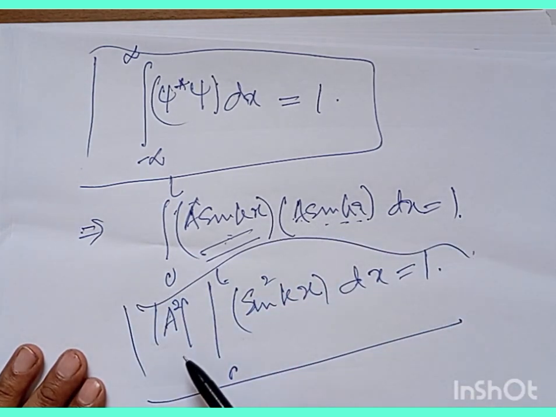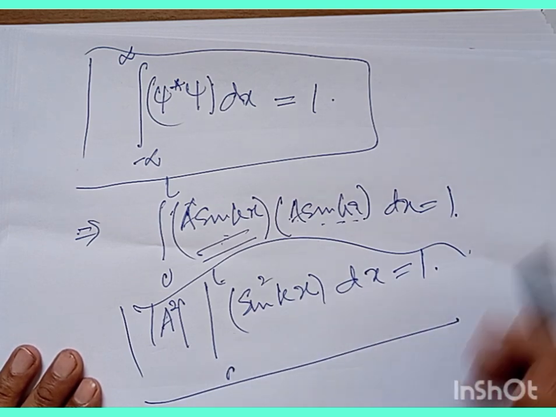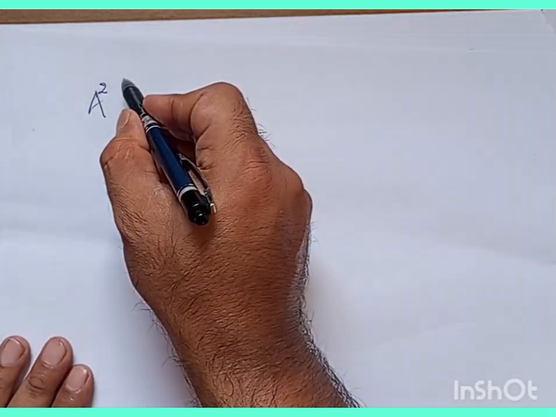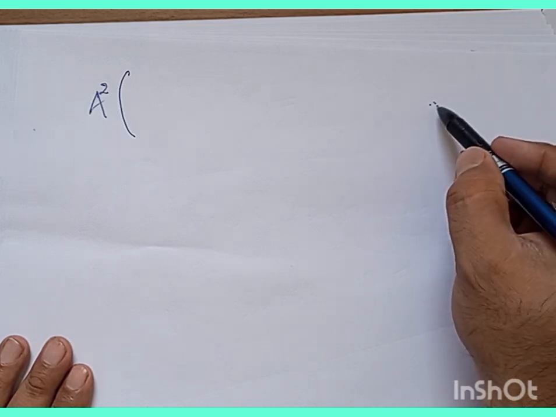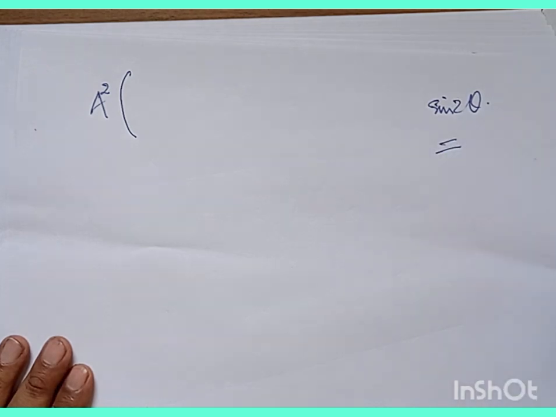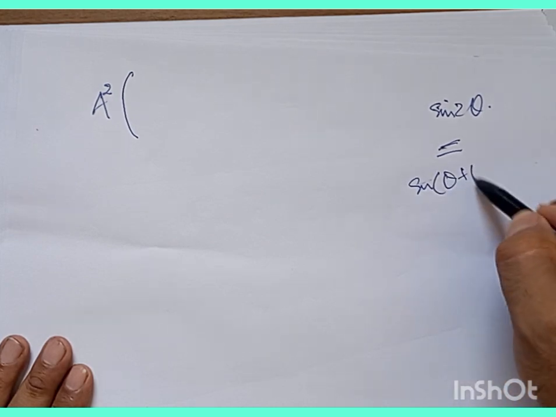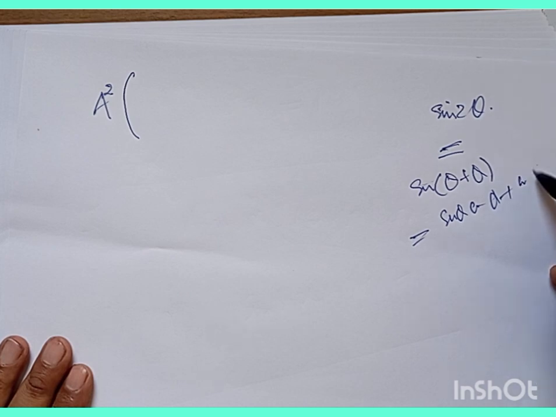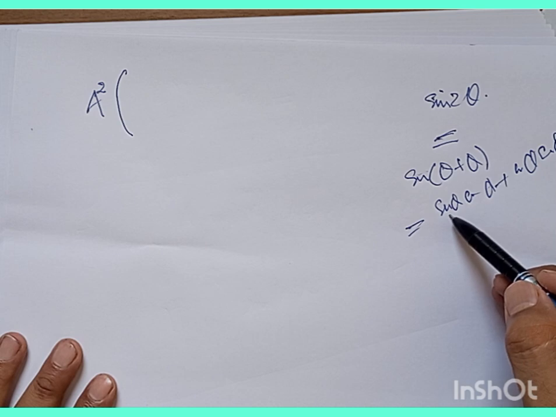Now we can obtain the value of this constant using normalization, and for this sin²kx, we can think of sin²θ. Suppose I have sin 2θ, which is sin(θ plus θ), so this is sin θ cos θ plus cos θ sin θ.